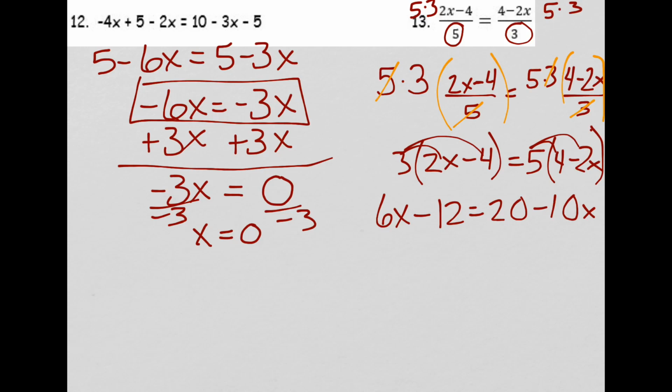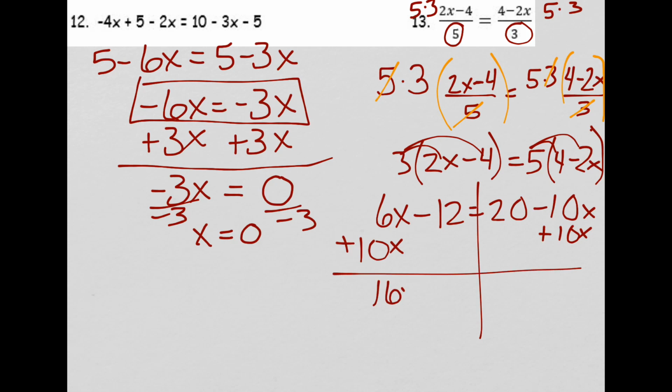You should know the steps to solve that then. Remember, there's your equal sign. Let's add 10x to both sides. Add that, and we're going to get 16x minus 12, equal sign is still there, 20, and those added up to be 0. Yay! Okay, add 12 to both sides.